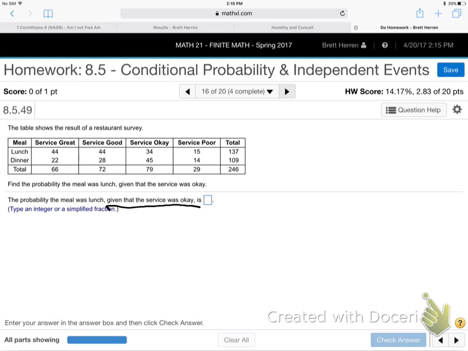So circle the row or column for the given. Okay, so it's that. So there's where we're at. So the probability, the 79 is going to be the denominator. And they said lunch, so that would be the 34. There we go. Is that good? Getting more and more comfortable? Questions I can answer?